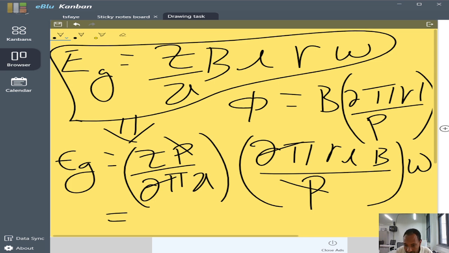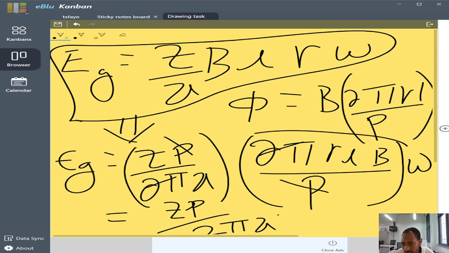But what does this term mean now? P by 2 pi A times what? This term means it is phi, and omega is remaining outside.